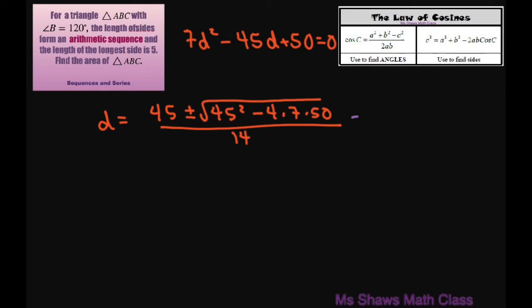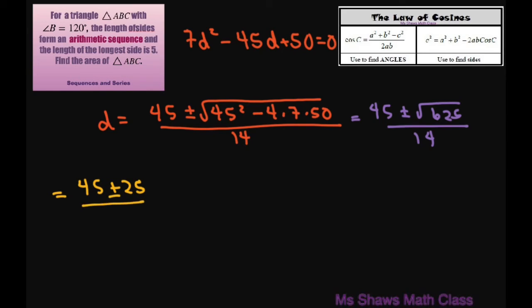This simplifies to 45 plus or minus the square root of 625, all divided by 14, which equals 45 plus or minus 25 divided by 14. Therefore, we get d equals 70 divided by 14, or d equals 20 divided by 14.